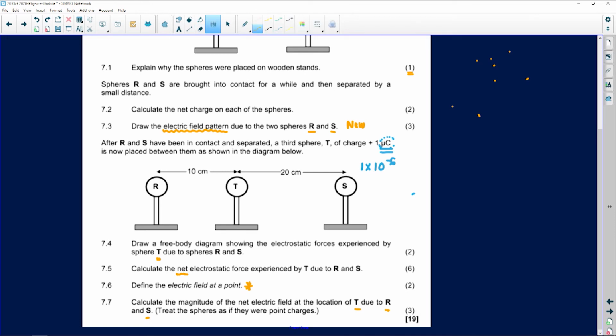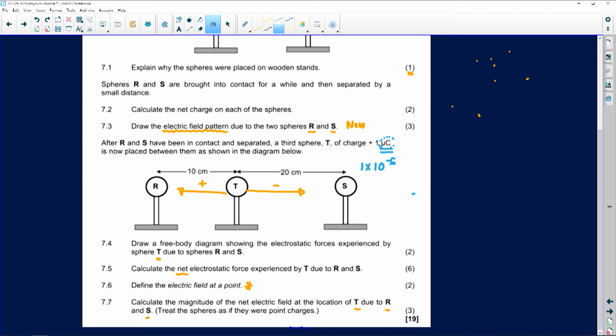If S came towards T, T would move in this direction. If R came towards T, T would then move in this direction. What you first need to do is make one side positive, one side negative. Remember, when we have forces in opposite directions in physics, one must be positive, one must be negative. If something moves up, something must move down in the opposite direction.